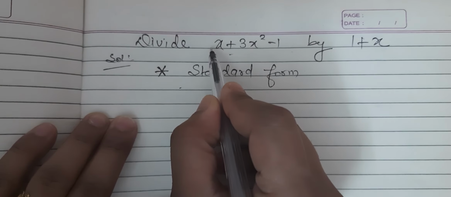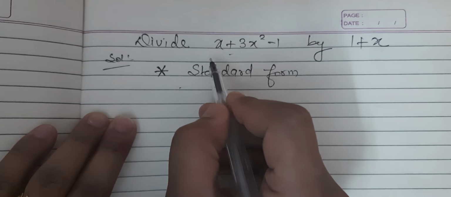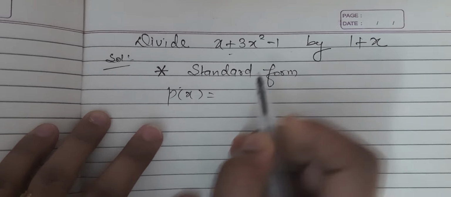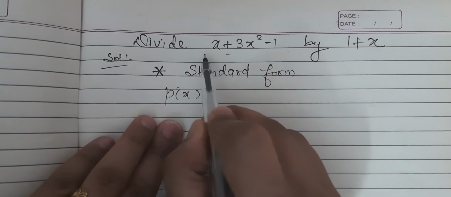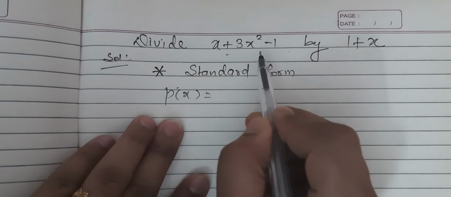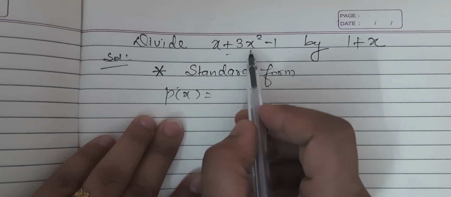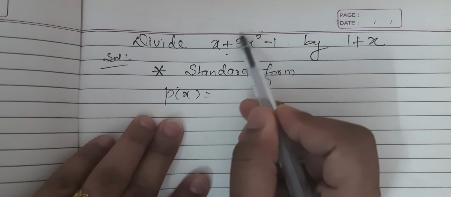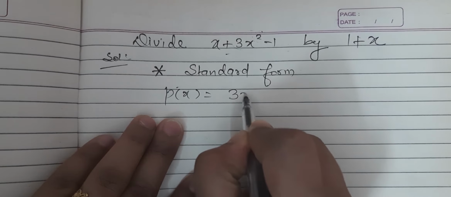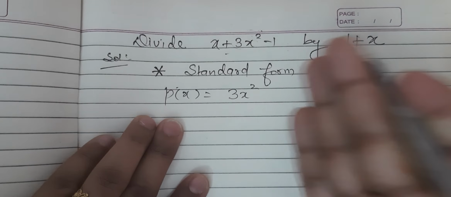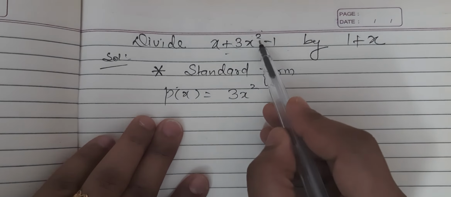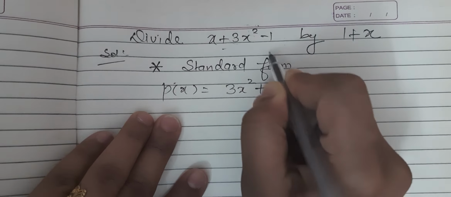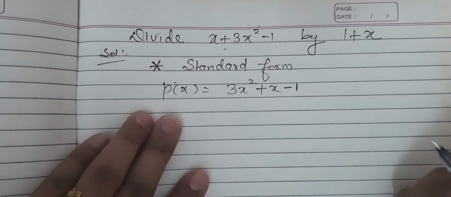So here we have to divide this one, so let it be p(x), and we will write this polynomial in the standard form. Means first we will write the term with the highest power. Here the highest power term is 3x square, so first we will write 3x square, and then the decreasing order of their power: first power is 2, then the next power is 1, and the next is the constant.